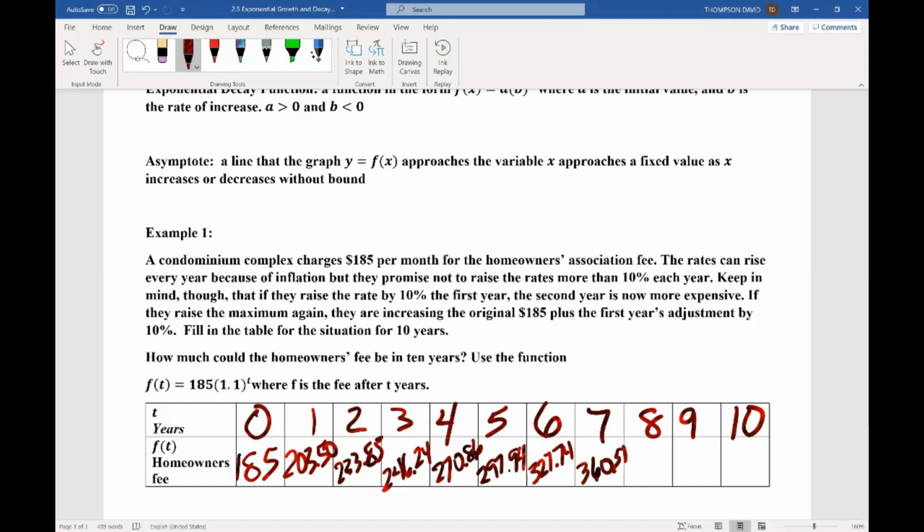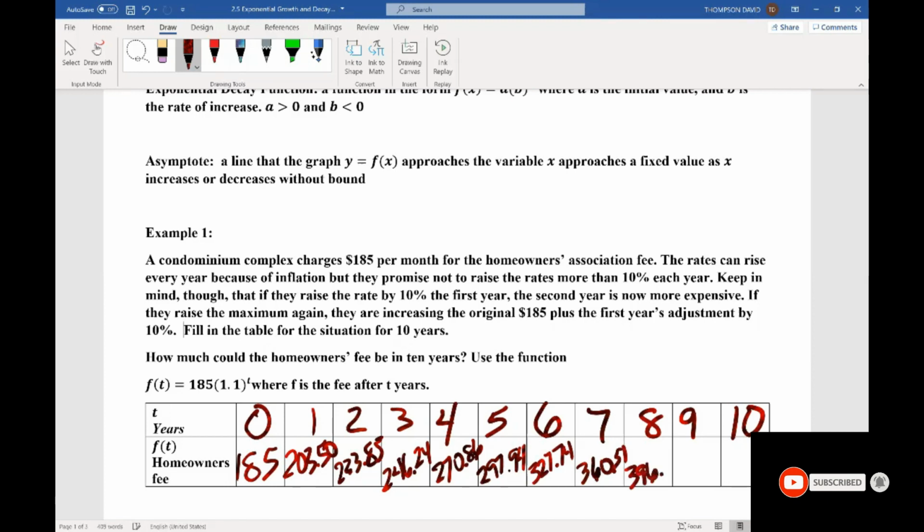The 8th year, 396.56. Raise it to 9, 436.22, and then in the 10th year, we're at 479.84.